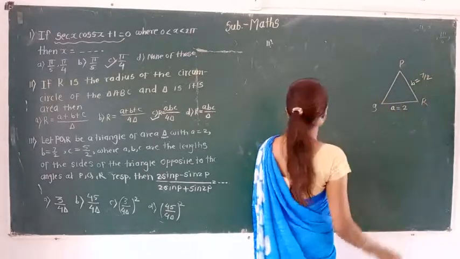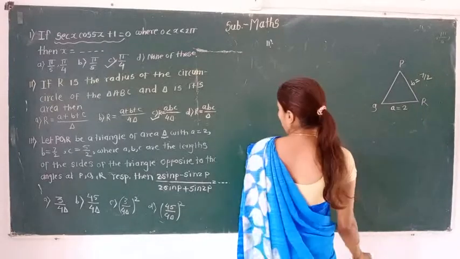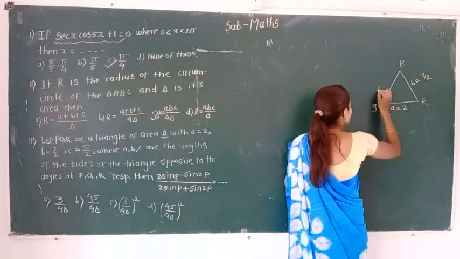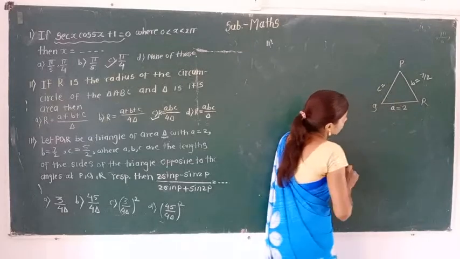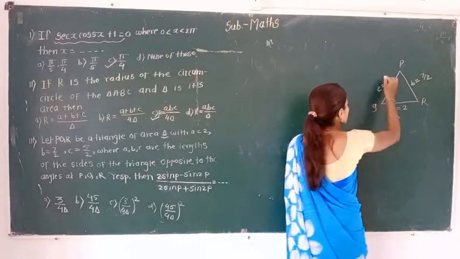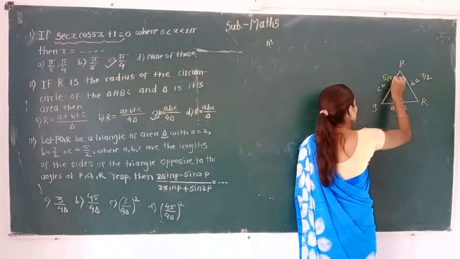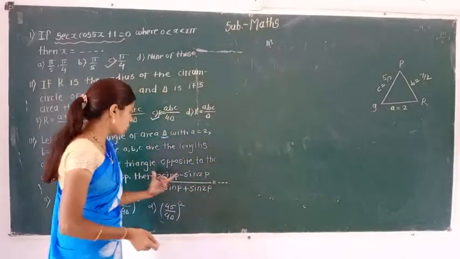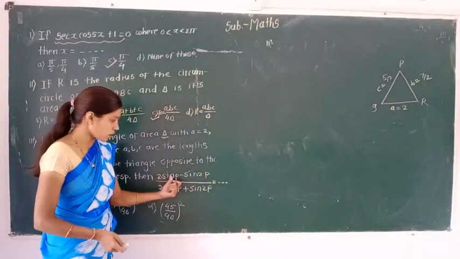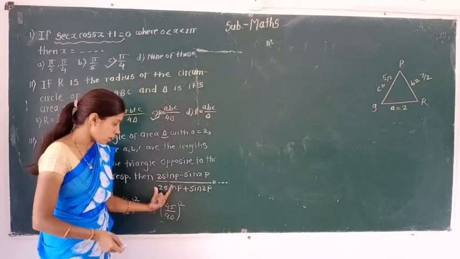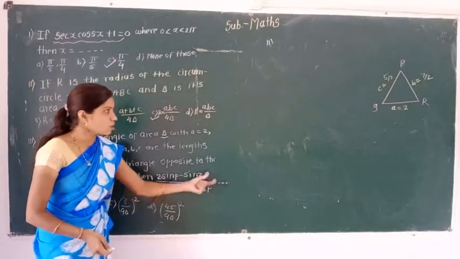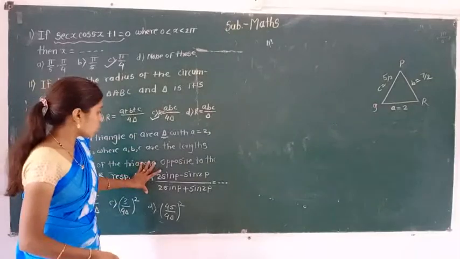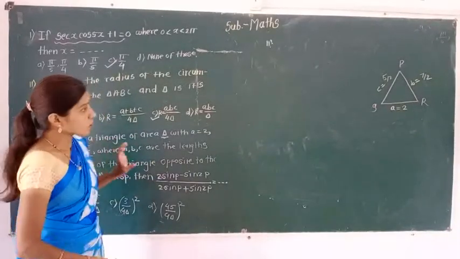The opposite side of angle R is c, and the length of c is 5 by 2. Now using all this information we have to find the value of 2 sin P minus sin 2P divided by 2 sin P plus sin 2P.